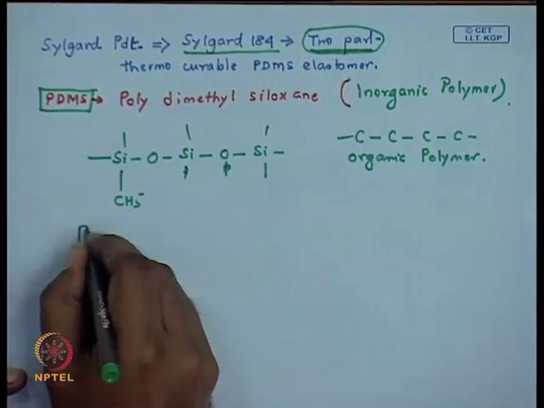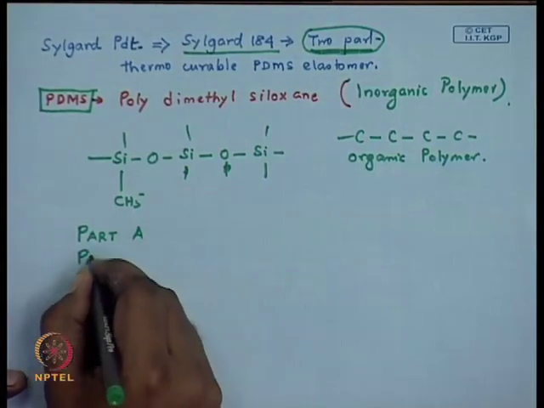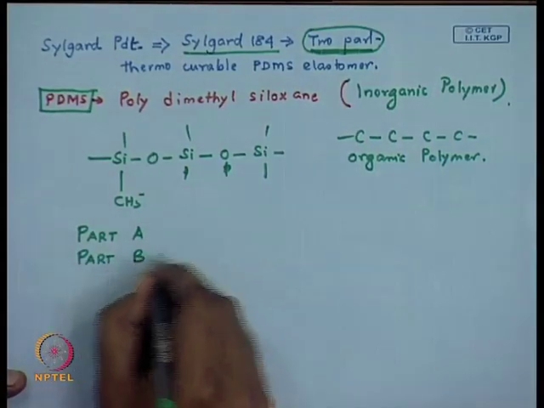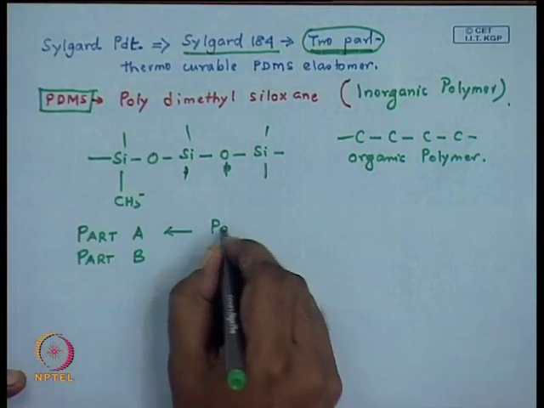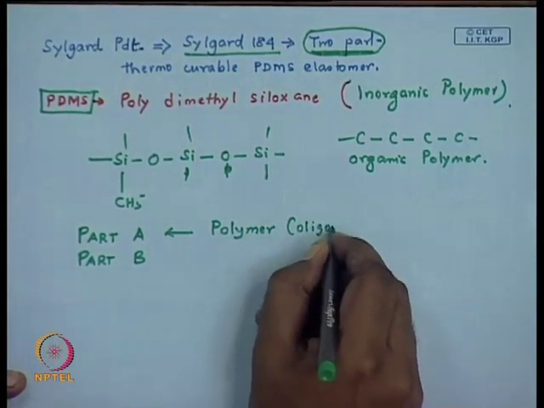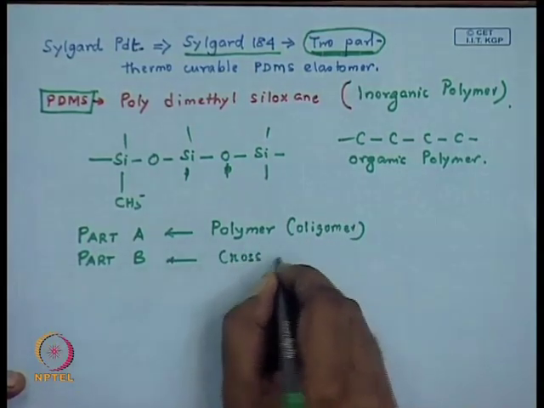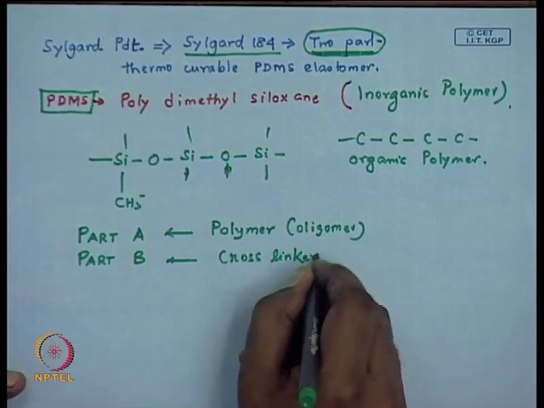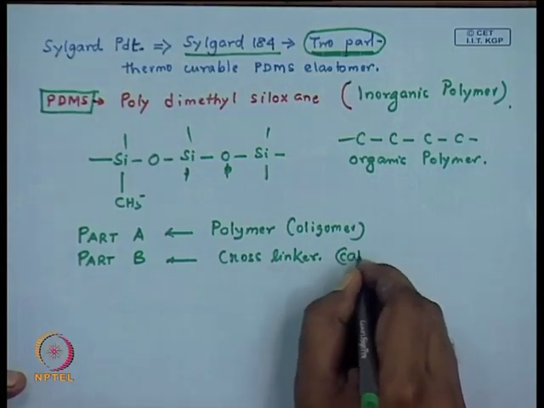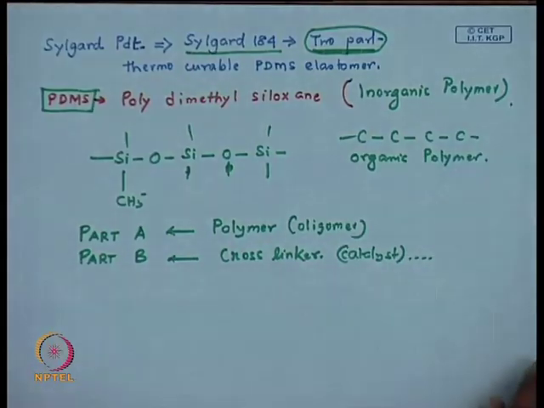If you open a container of Sylgard 184, it will say part A and part B. Typically, part A is the main polymer, which we also refer to as the oligomer, and part B is essentially the cross-linker. It ideally contains the catalyst or whatever. We will cover this detail when you are a little more conversant about PDMS.